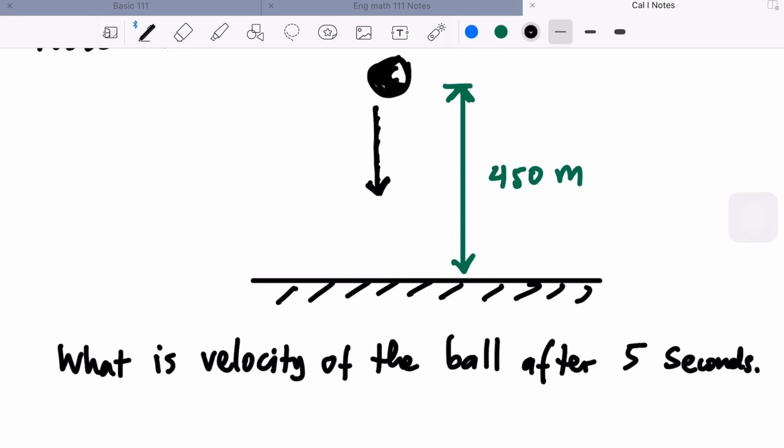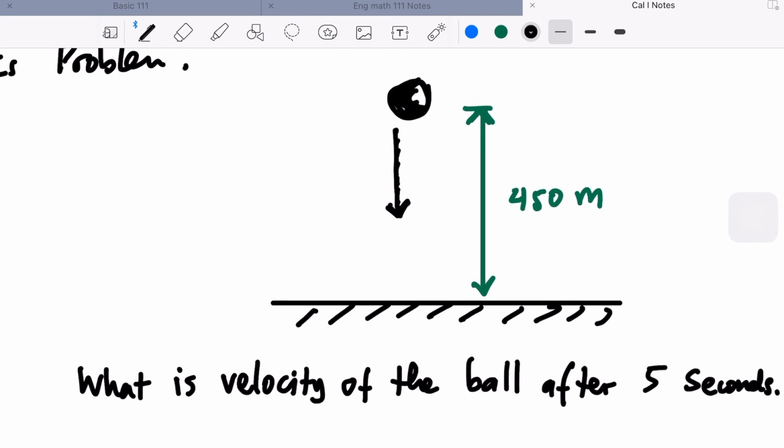And now we need to understand first what does it really ask? Okay, so we have a ball here. It's dropped, and it's going down here.